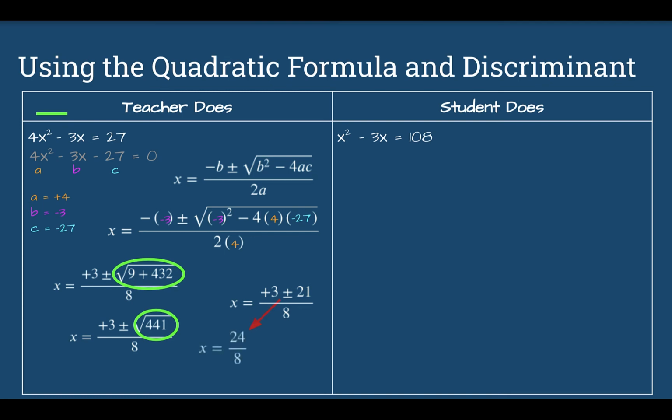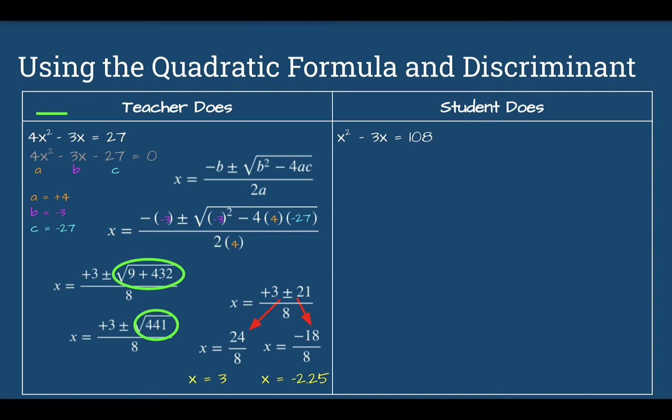So 3 plus 21 is 24 over 8, which means x equals 3. 3 minus 21 is negative 18, divided by 8 comes out to be negative 2.25, or negative 9/4. Again, all I'm doing is identifying A, B, and C, plugging in the numbers, and simplifying it as much as I can. So now it's your turn.